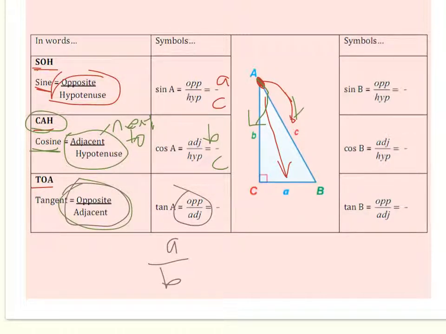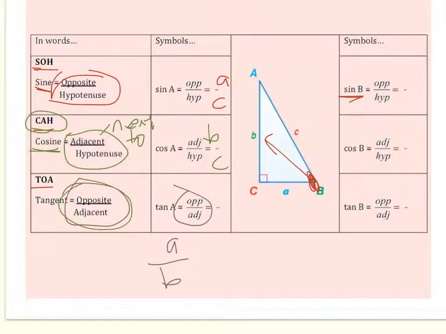Now, looking at it from the perspective of B, so let's look. So sine of B. From the perspective of this angle, you can even put your pencil or pen on this angle to kind of look. What's opposite of this angle?